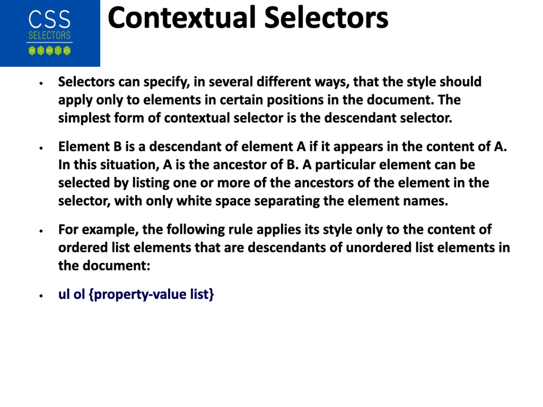That means you have created one particular list that starts with an unordered list and a sub part of that list is an ordered list. Numbering or labels will be there for the list items. For those numbered or labeled list items only, this property value list is applicable because UL is the parent and OL is the descendant. So the property value list specified in this rule is applicable only to the descendant, that is the ordered list.